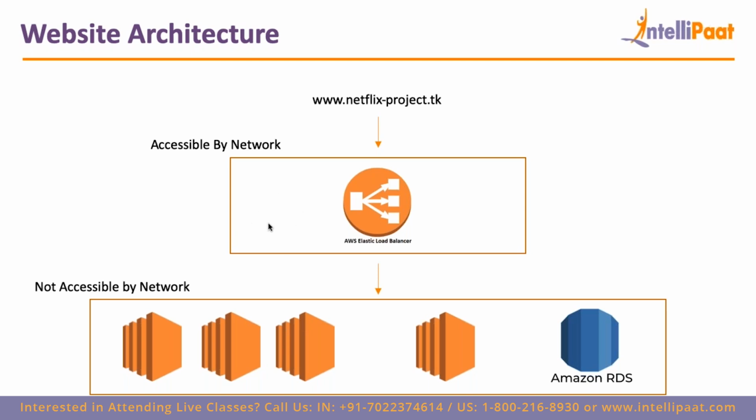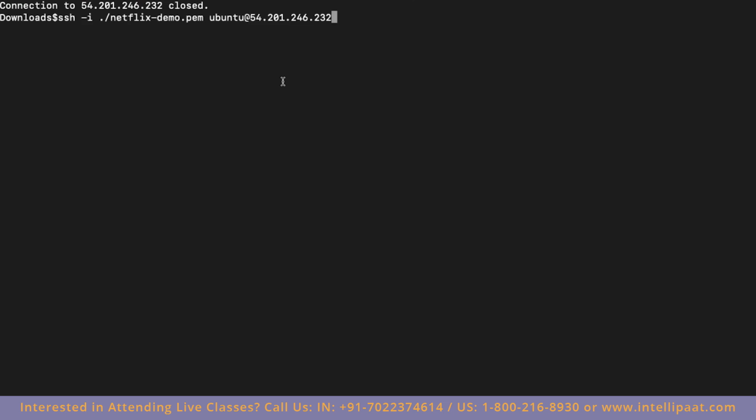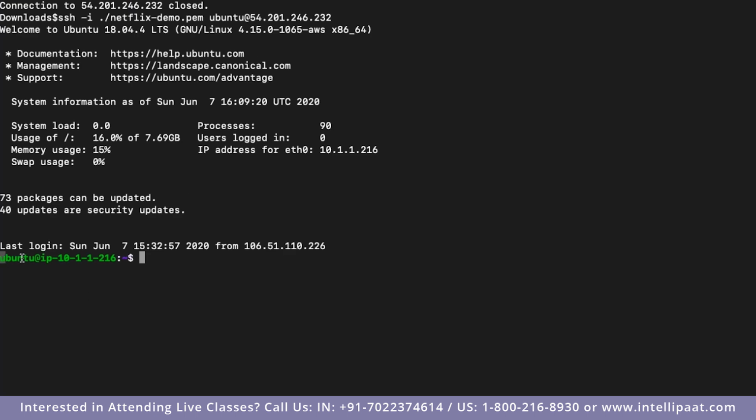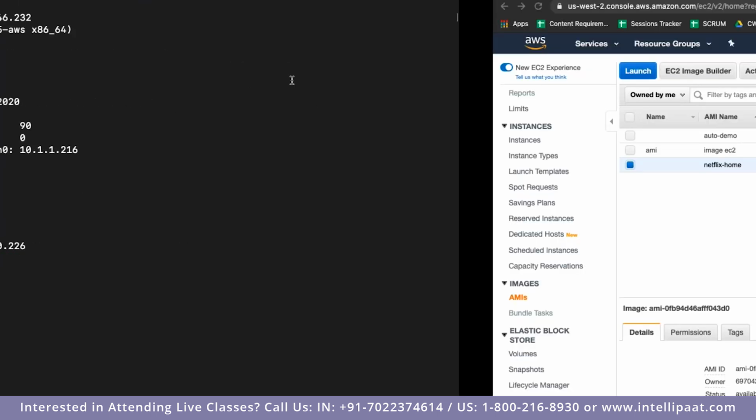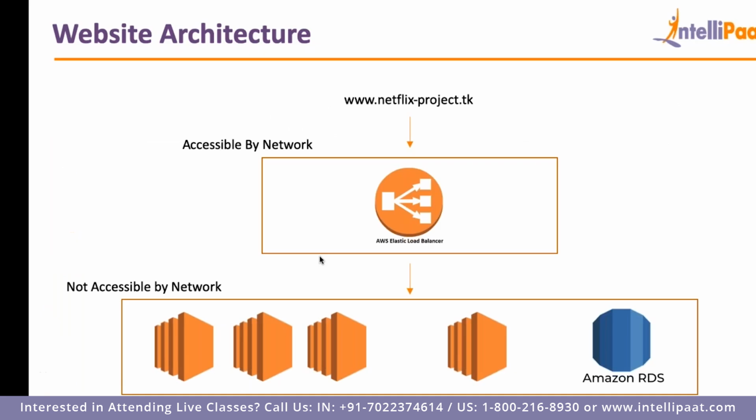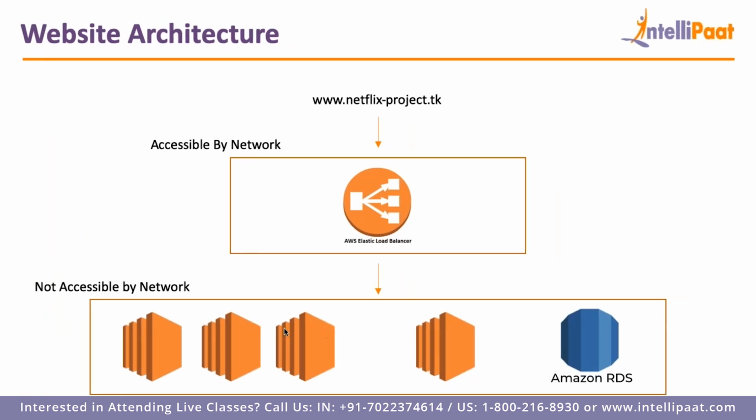If I connect to this Ubuntu server on my terminal like this, and then in this server which is there in the public subnet, I enter the SSH command again, and I enter the private IP address of the private server which is deployed in the private subnet, will I not be able to connect to it? Okay, so Amit says yes.